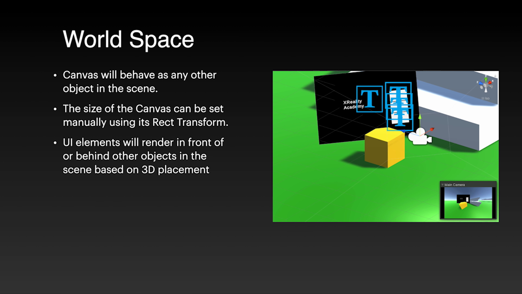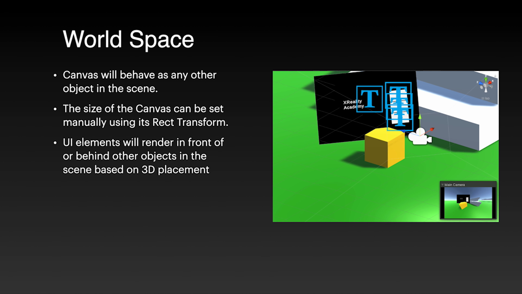Okay, and then UI elements will render in front of or behind other objects based on 3D placement. For example, you see I placed this UI behind the cube, so you see some part of the UI being cut, right? It will be treated as one of the 3D objects.